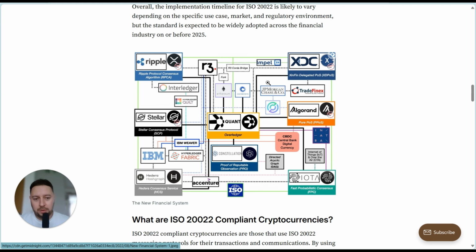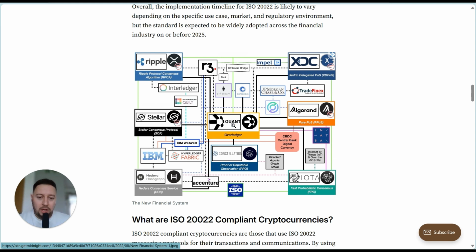Now Corda, R3 Corda used to have what was known as a Corda settler. I believe in another Q&A, somebody was answering the questions whether or not that Corda settler still exists. I think it was over on Impel's official Twitter page actually, and they said Corda settler no longer exists, and the only route through to R3 Corda would be through the Impel bridge.